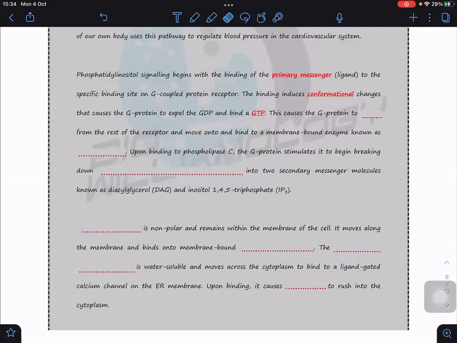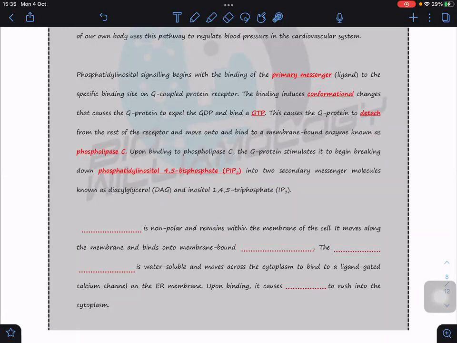This causes the G protein to detach from the rest of the receptor, move on to and bind to the membrane-bound enzyme, in this case no longer adenylyl cyclase but phospholipase C. Upon binding, the G protein stimulates phospholipase C to begin to break down the PIP2 into two secondary messenger molecules, which are DAG and IP3.